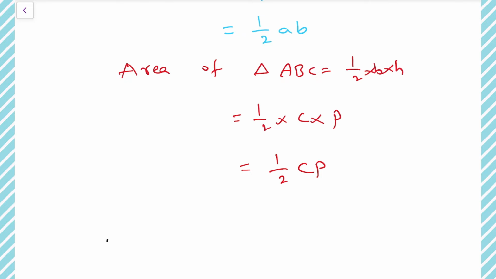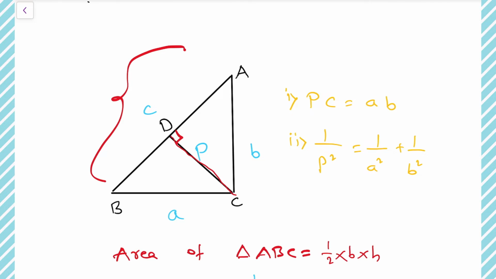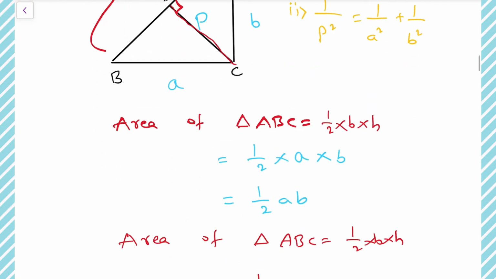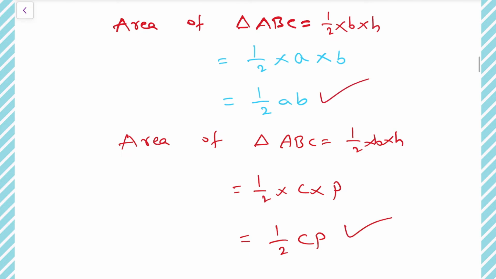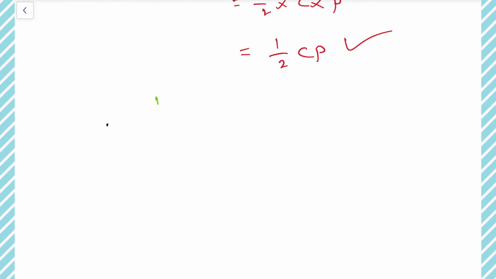Now whether you are taking the base as BC or whether you are taking the base as AB, always the area of the figure remains the same. So it means this area and this area are equal to each other, that is half ab equals half cp. Half ab equals half cp. Left side half, right side half, both will get cancelled.